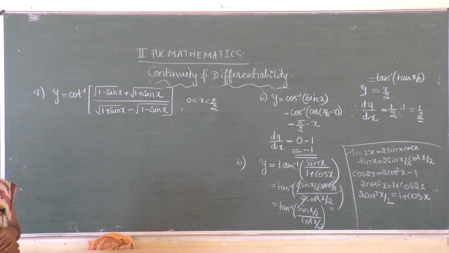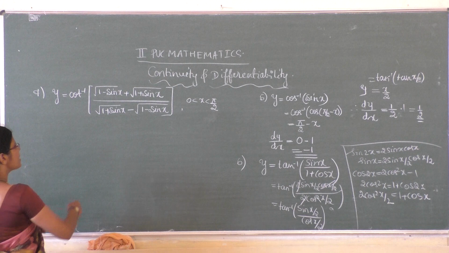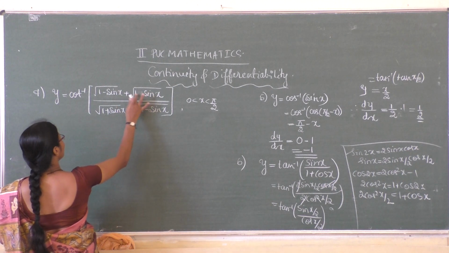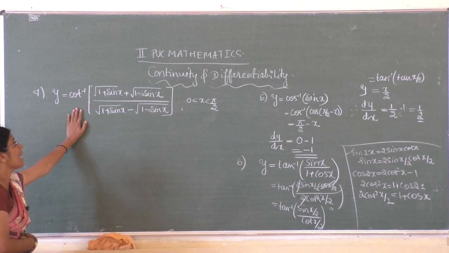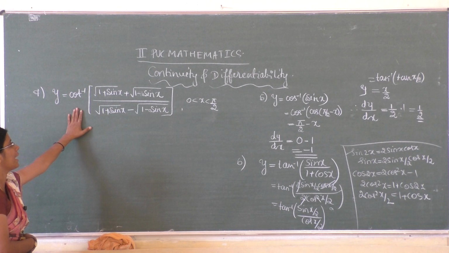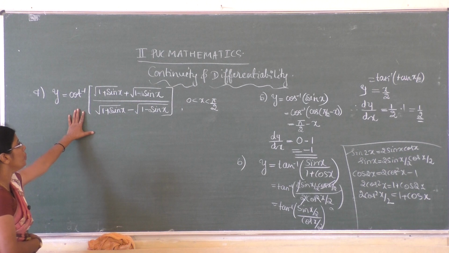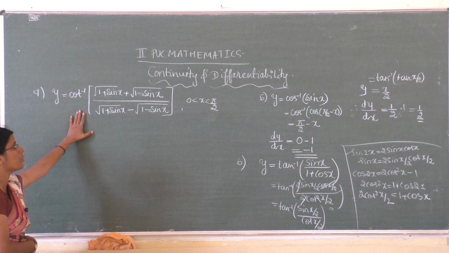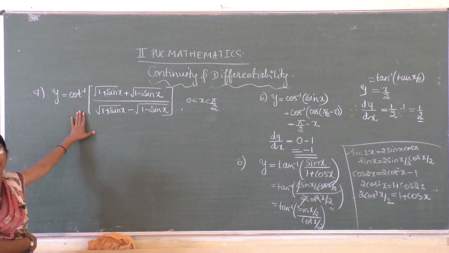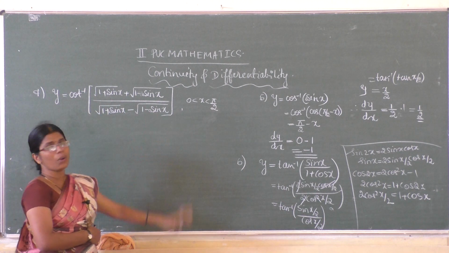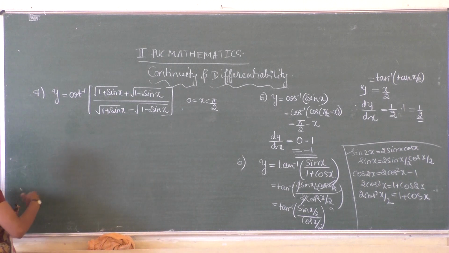Here, cot inverse of root of 1 plus sin x plus root of 1 minus sin x, divided by root of 1 plus sin x minus root of 1 minus sin x. You have to find the derivative of this function where 0 less than x less than pi by 2.